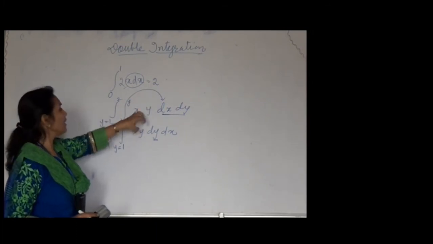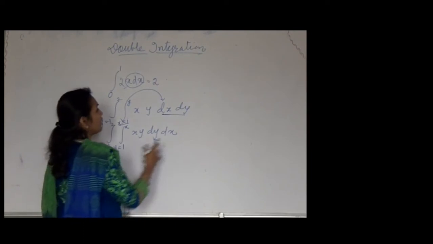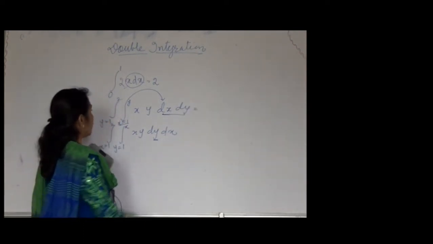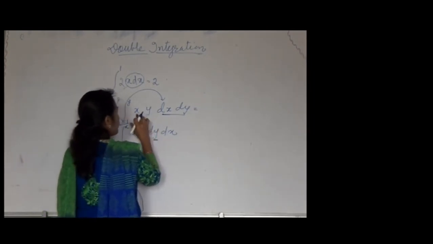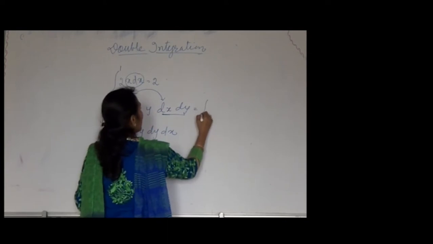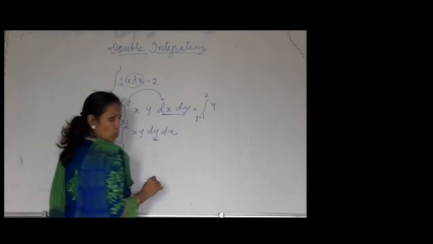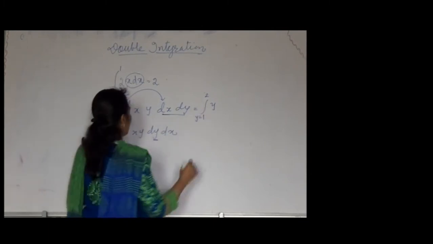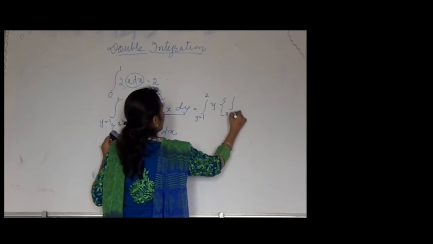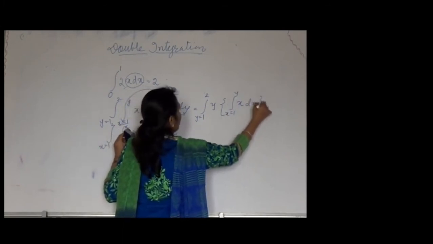If I am writing dx dy, then first we solve the integral with respect to x. So y becomes constant when I am solving with respect to x, and then I write that y outside, y is equal to 1 to 2, and then I solve the integral x is equal to 1 to y for x dx, and then dy outside.